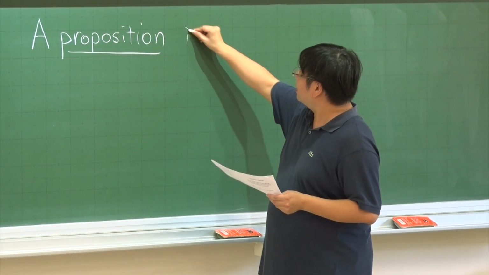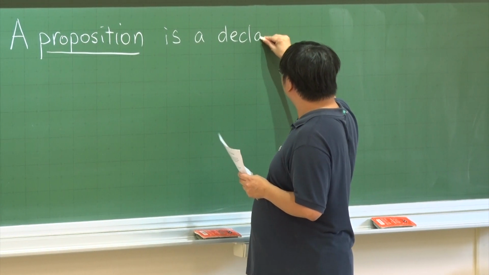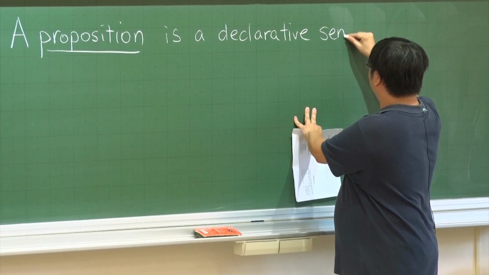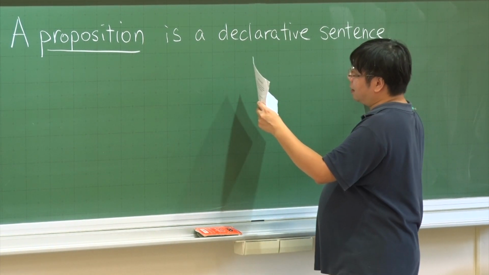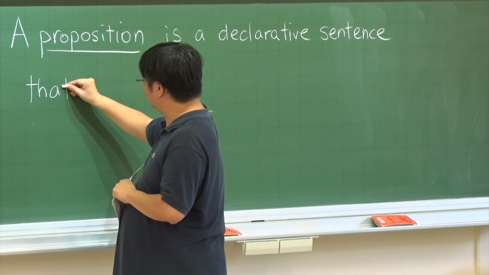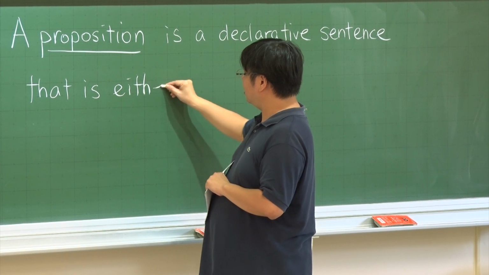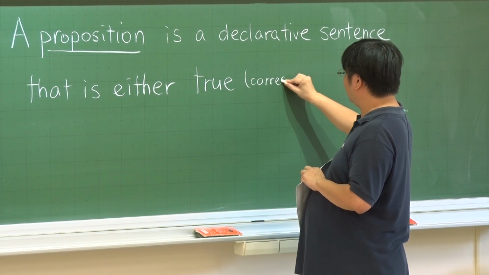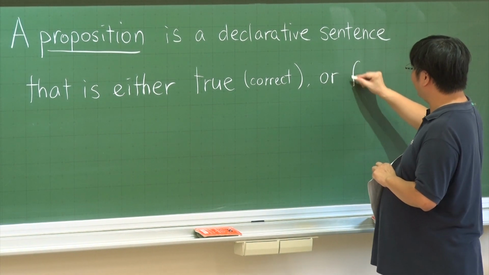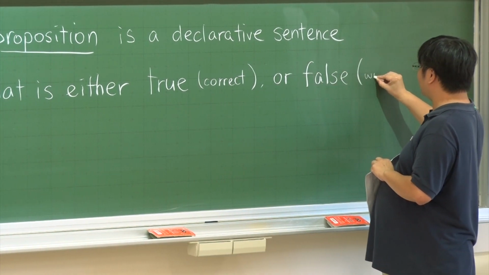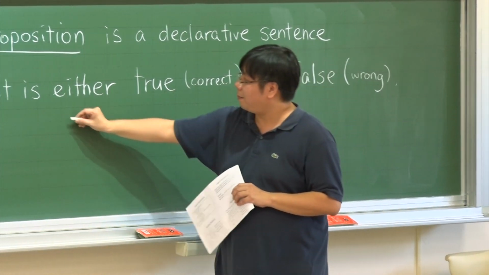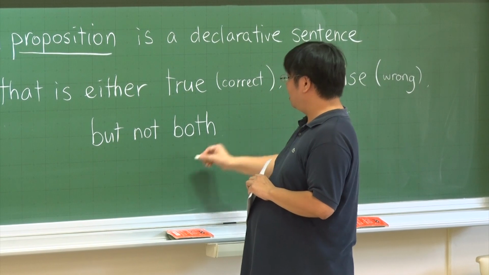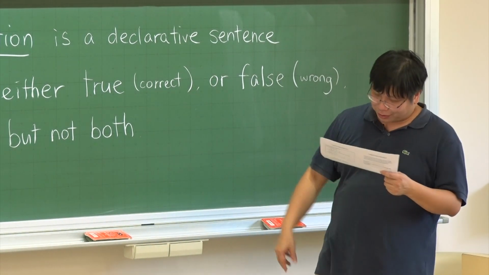A proposition is a declarative sentence that is either true, something that is true or correct, or false, which is wrong, but not both. It's strange, but let's see.